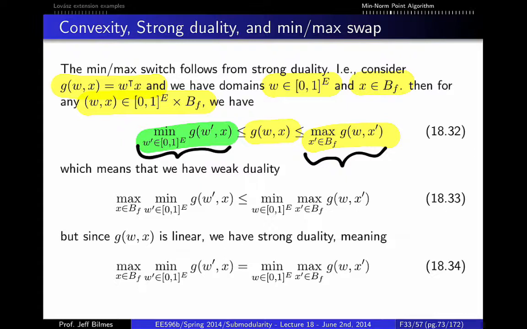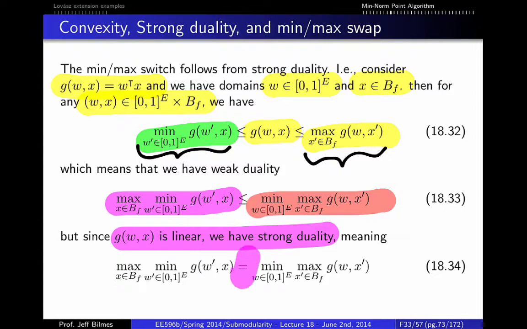So when we minimize this convex function of w and maximize this concave function of x, we still have the inequality, because 18.32 is true for all points x and w. But thanks to the fact that g(x, w) is linear, we have strong duality, which means that they're equal.